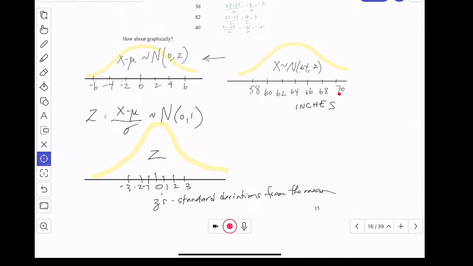And 70 marks 3 standard deviations from the mean. So I've converted this into z so that I can talk about the distribution in relative terms, relative to its mean, and use the standard normal table.